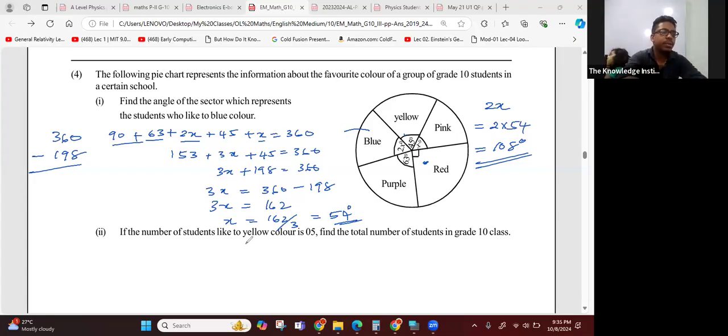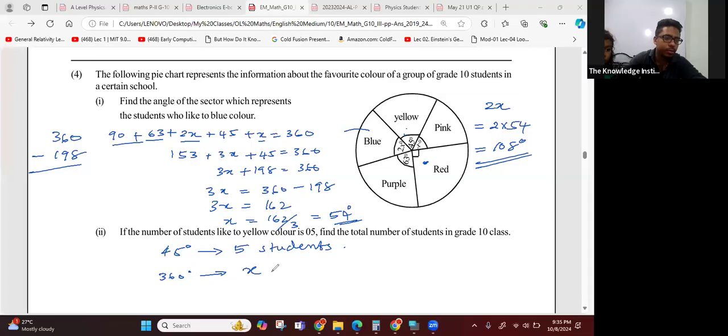If the number of students who like yellow color is 5, find the total number of students in the grade 10 class. So yellow color is 45 degrees. So the 45-degree angle is proportional to how many students? 5. Then we want to find how many students are represented by 360 degrees, that is the total angle.